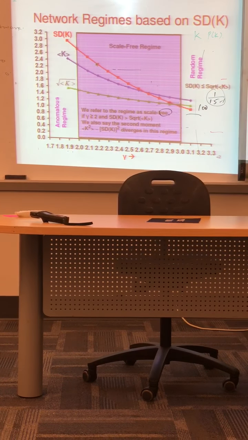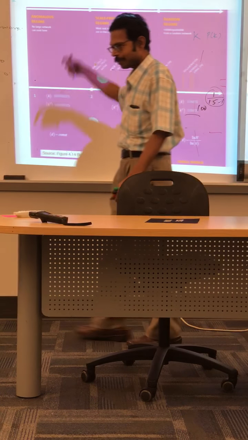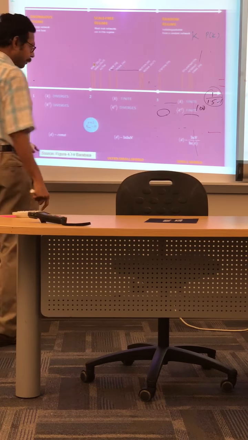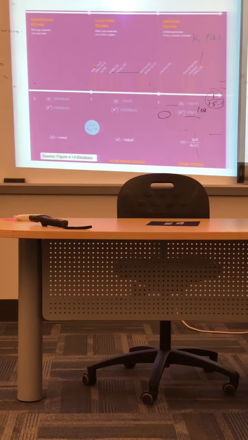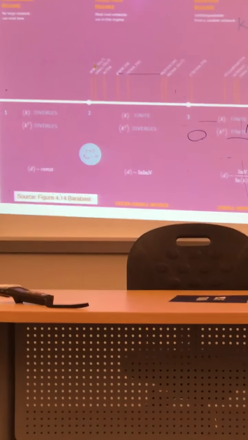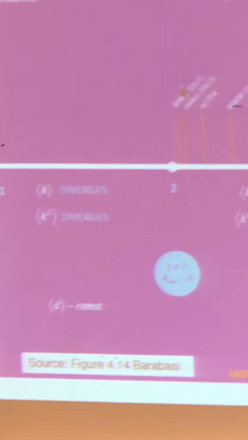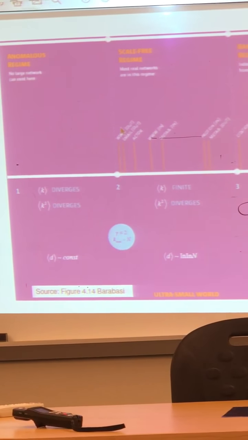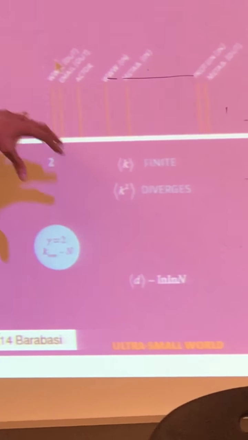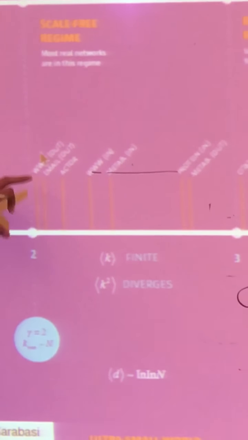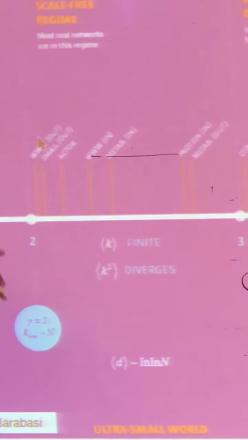And several real-world networks, based on similar analysis we just did, by taking k and P of k. This is just taken from Barabasi, a screenshot, so that's why it's red in color. I could not change the color. If I take the k and P of k and fit the curve and find the constant c and gamma, like we just did for the small network, people have done that for real-world networks like the World Wide Web, protein networks, and so on.